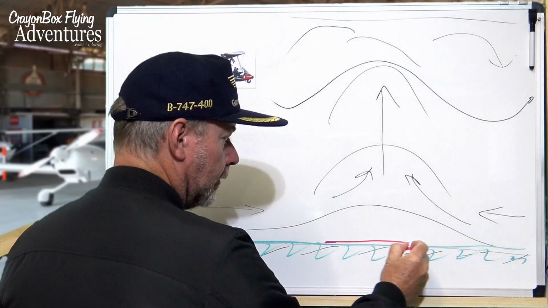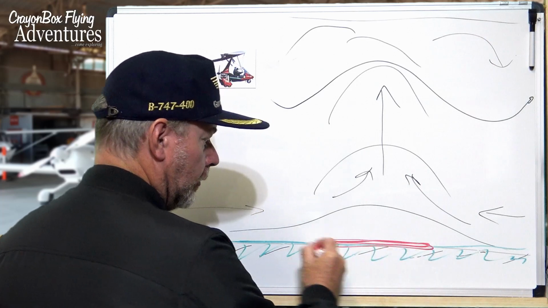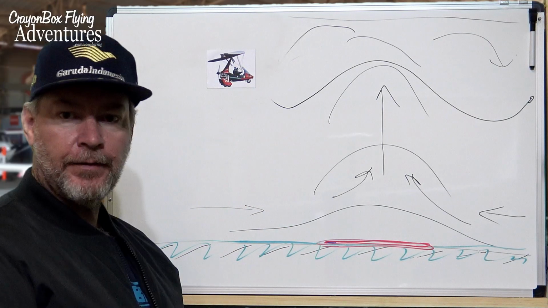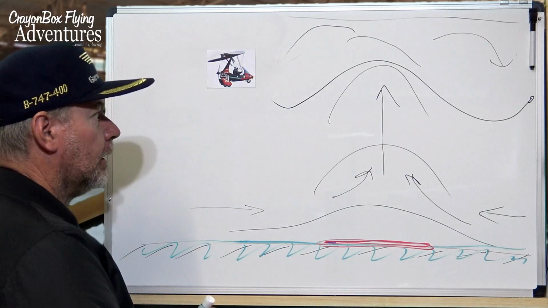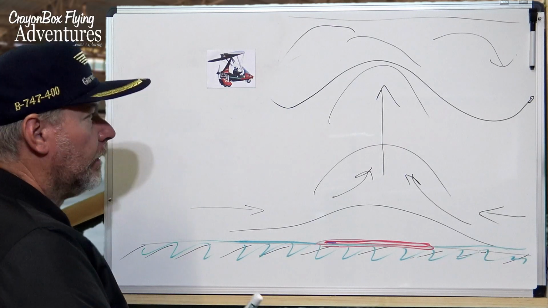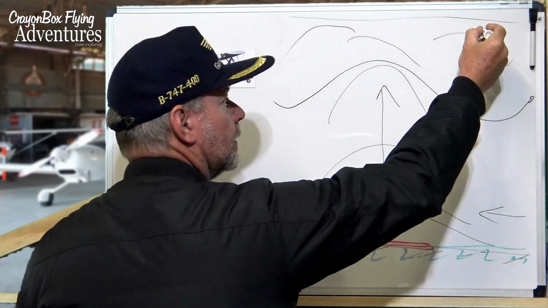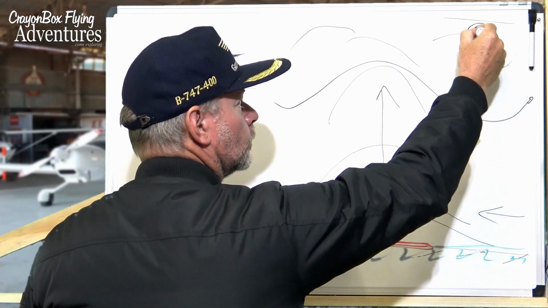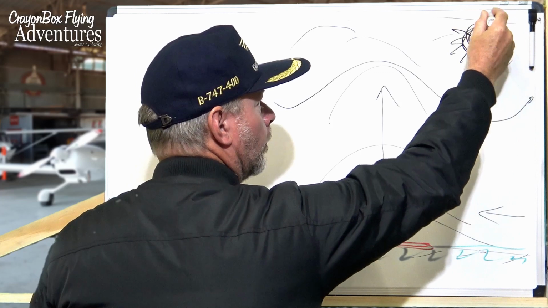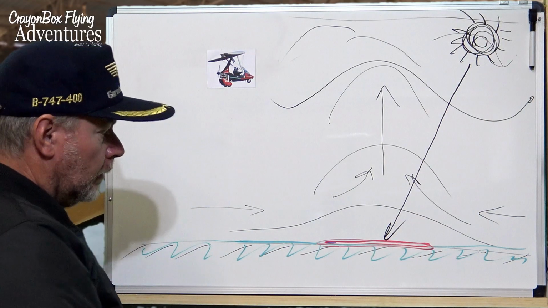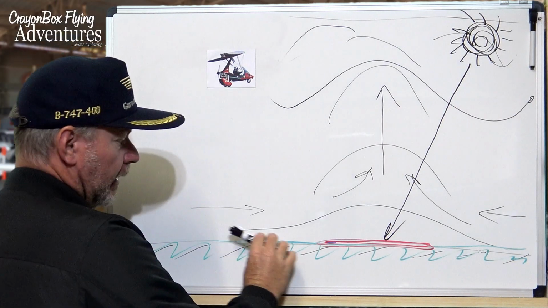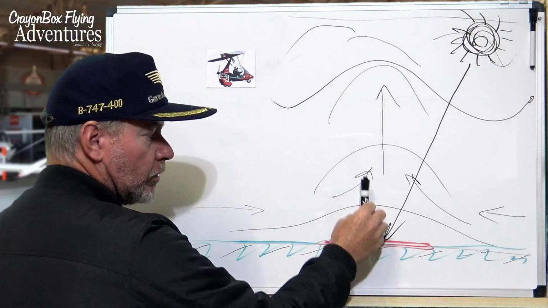So that paddock could be this red colour here, and that will warm up faster. So when the sun heats that ground, and the energy goes into that ground, this ground heats up and the air over it warms up and wants to rise.